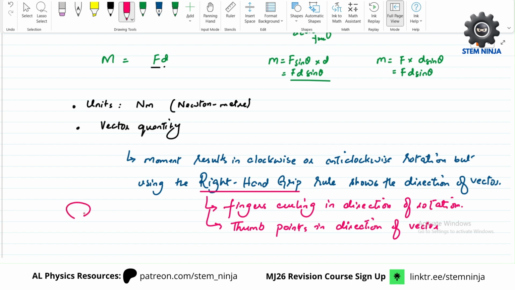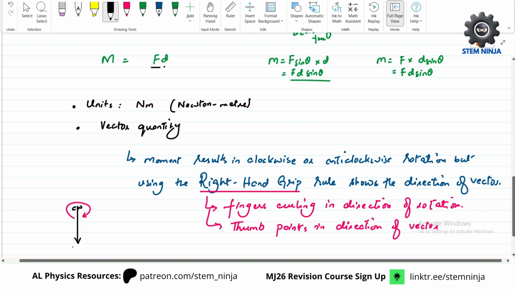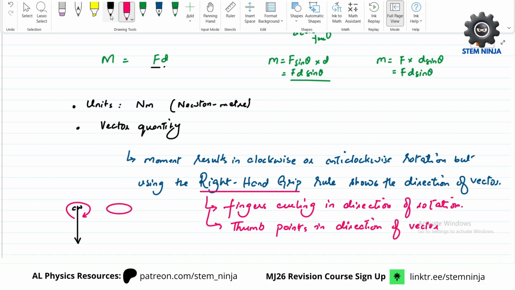For example, if you have clockwise rotation, when you apply the right hand grip rule, your vector comes straight down. And if you have anti-clockwise rotation, your vector comes out this way. So it is a vector quantity because of that.